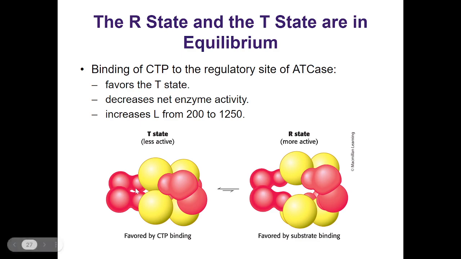Very rarely does it actually fully deactivate an enzyme when you're doing an allosteric interaction. Substrate binding will fully deactivate an enzyme if you modify the binding site, the actual active site, right? But in this case, we only go from 200 to 1,250. Now keep in mind that that actually is a very large difference, right?